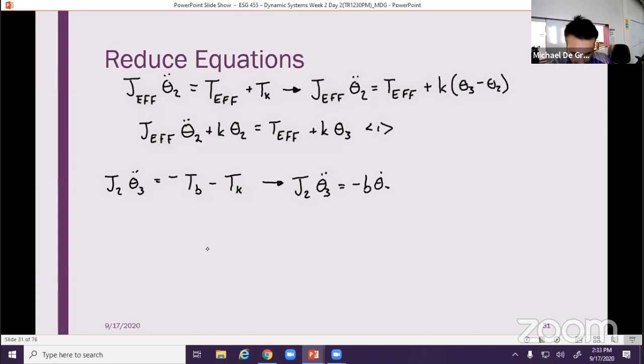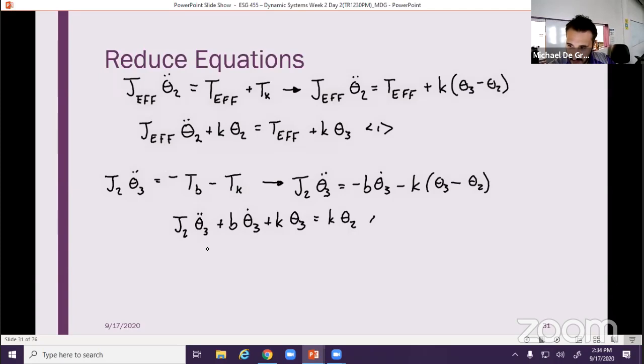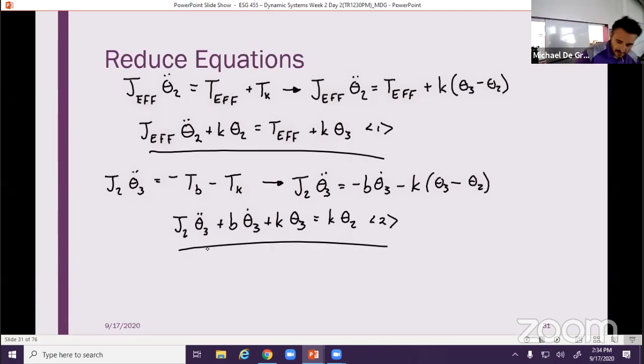Negative B theta dot 3 minus K times theta 3 minus theta 2. And if you do the algebra, J2 theta double dot 3 plus B theta dot 3 plus K theta 3 is equal to K theta 2, equation 2. Just leave these. Don't try to solve them for each other. Please just leave them.